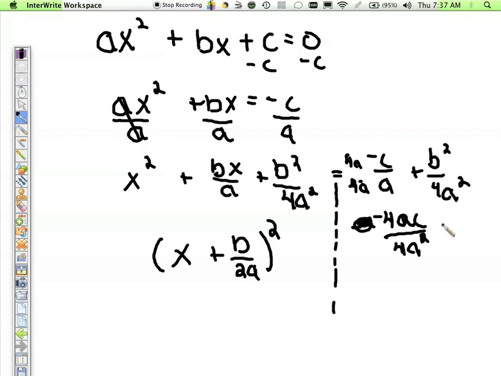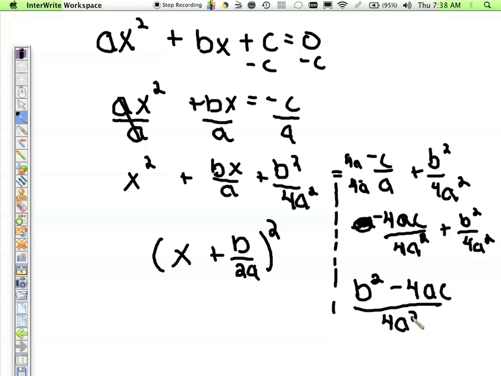When I combine that with the b squared over 4a squared, and write the b term in front, I have b squared minus 4ac over 4a squared.